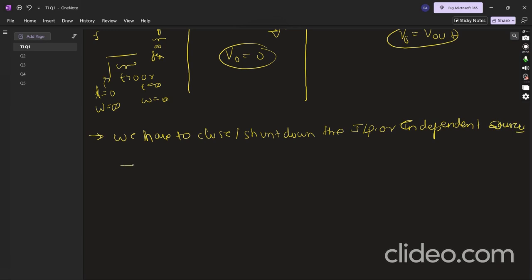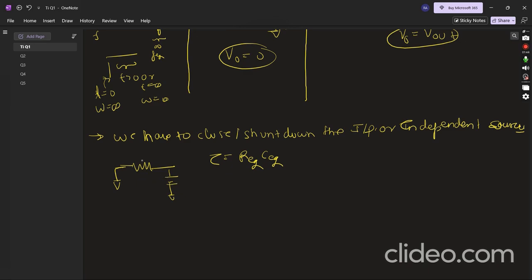So this is the circuit, and we have to remove the independent input source, and for the time constant we have to see R equivalent and C equivalent. How can we see this? For R equivalent, we have to see from the capacitor's perspective.